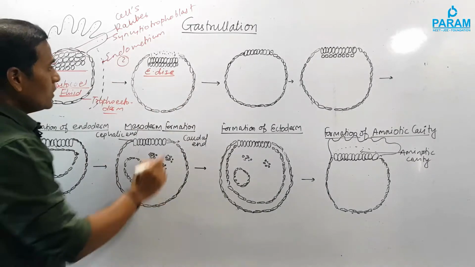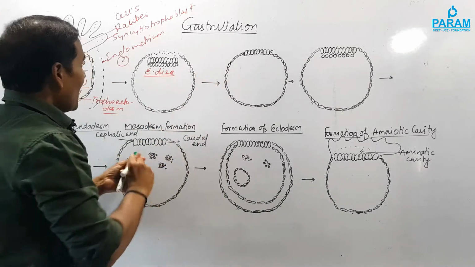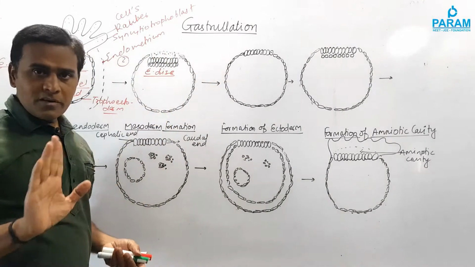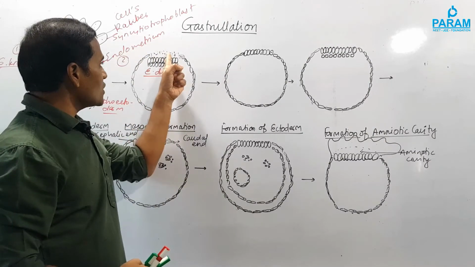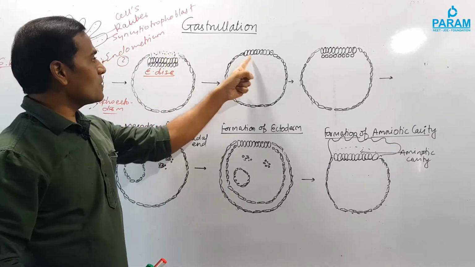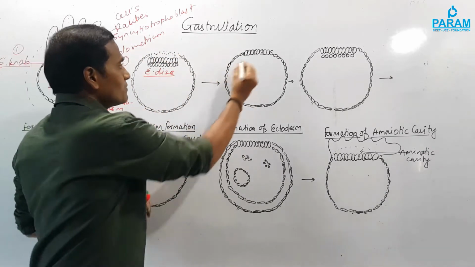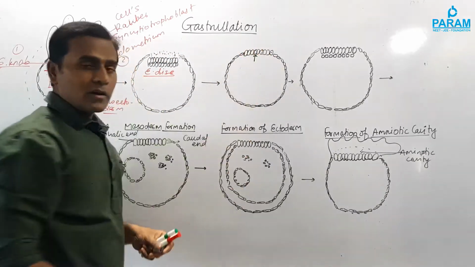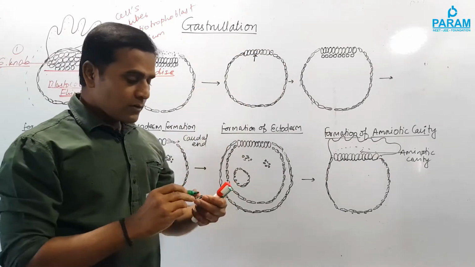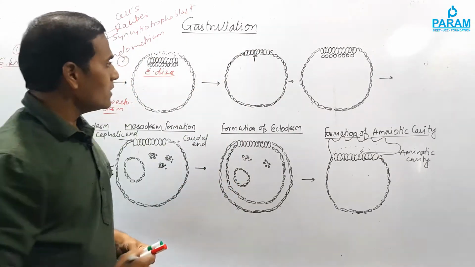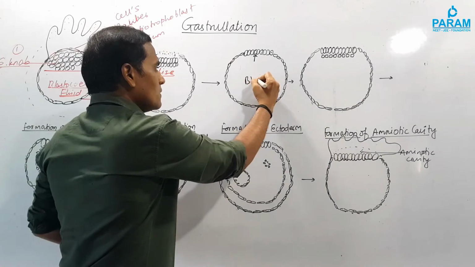In the next event, as the cells of Rauber have already degenerated, their location is taken by the embryonic disc. This embryonic disc moves to the place where the Rauber cells were present earlier. Now, this is our blastocoel again.